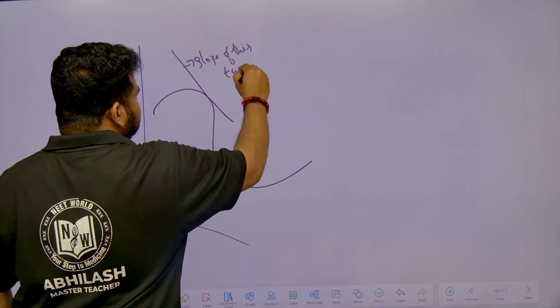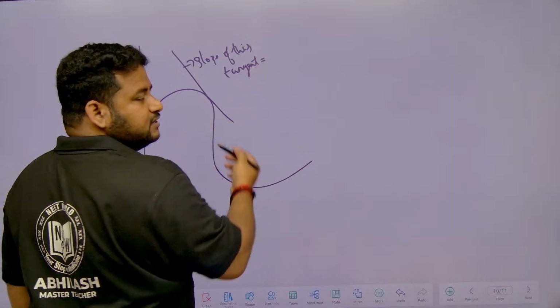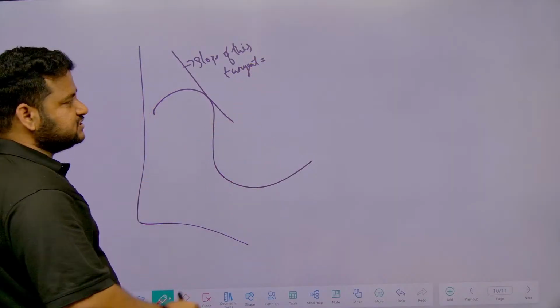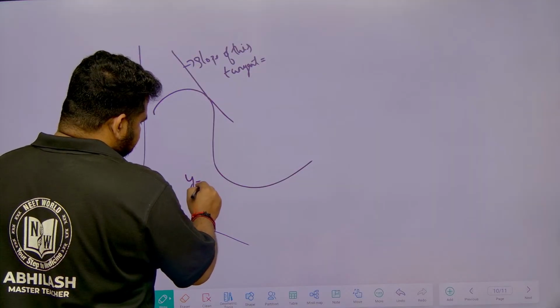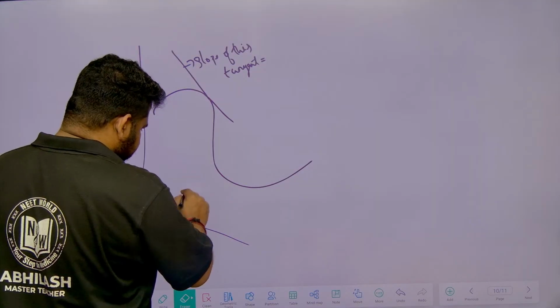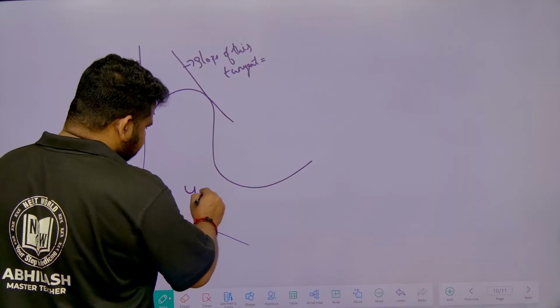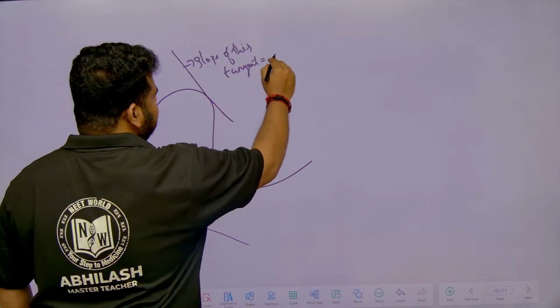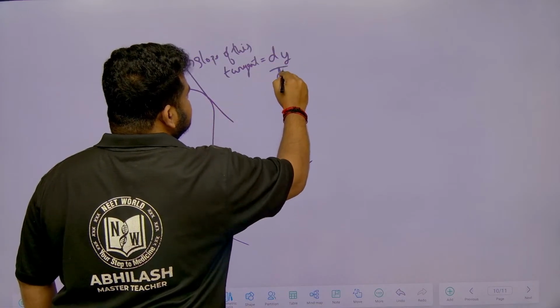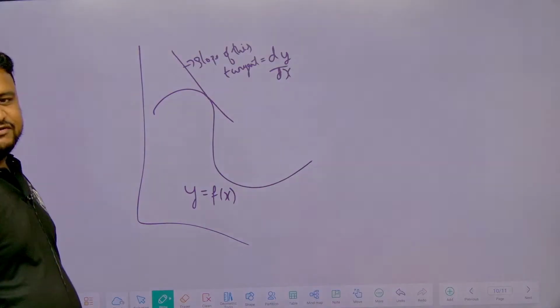The slope of this tangent is given by differentiation. Suppose this curve is given by y is equal to f of x, something like this. So, the slope of the tangent is given by dy by dx.